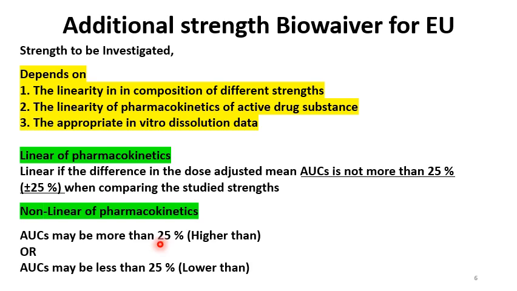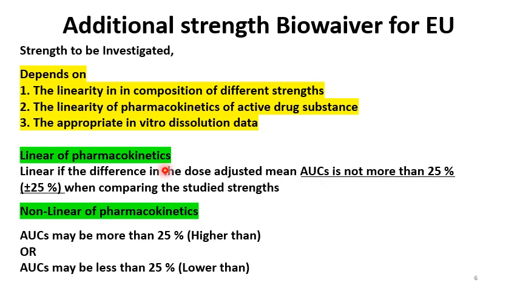So in non-linear pharmacokinetics, the AUC may be higher or lower. Sometimes due to saturation of the receptors from the GIT or absorption saturation, the lower strength has a little bit higher AUC than the dose adjusted mean AUC of the higher strength. And if the higher strength is having much higher AUC, at that time the AUC of the lower strength may be lower compared to the dose adjusted mean AUC.